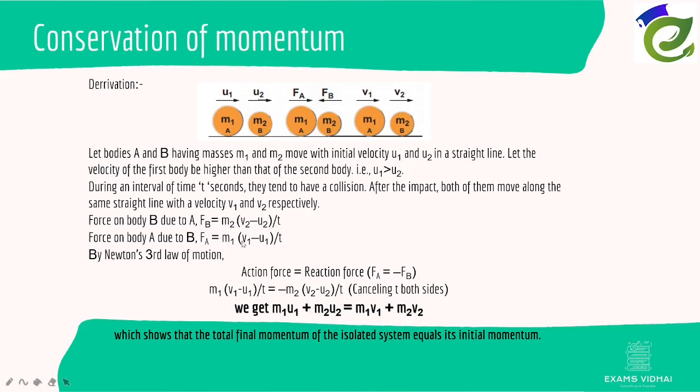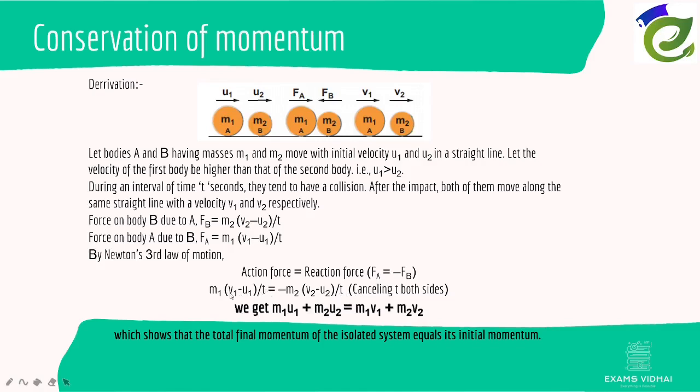Similarly for FA, we find (v1 minus u1) by t as acceleration, multiplied with m1 to give FA. This FA and FB are substituted in the formula, such that m1 into (v1 minus u1) by t is equal to minus m2 into (v2 minus u2) by t.